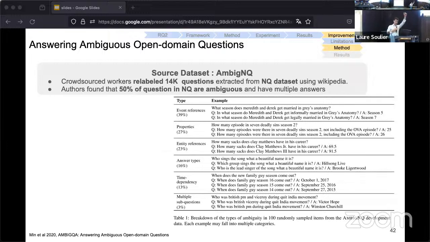So for this, we consider the AmbigNQ dataset. It's a subset of Natural Questions that was reannotated by crowd workers. And the authors found that 50% of the questions in Natural Questions are actually ambiguous, which means that they have multiple possible answers depending on the interpretation.